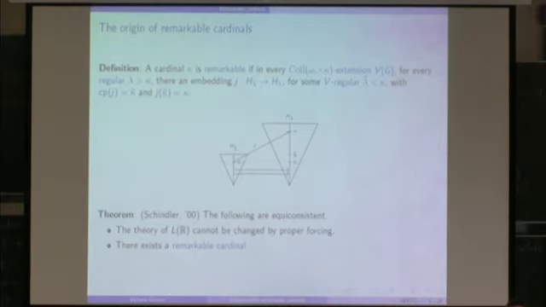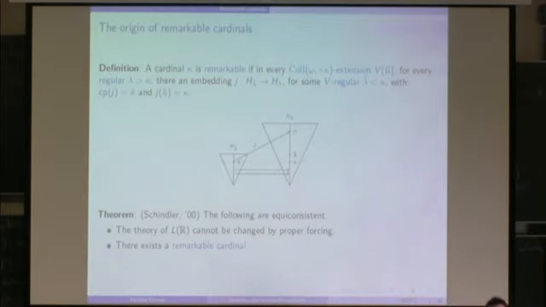So then the question was, what about the assertion that the theory of L(R) cannot be changed by proper forcing? It's obviously a weakening. For a while, it was considered that the strength would be around a strong cardinal. Some preliminary results suggested that this would be the case. But in fact, Ralph introduced this notion because it was precisely equiconsistent with this assertion.